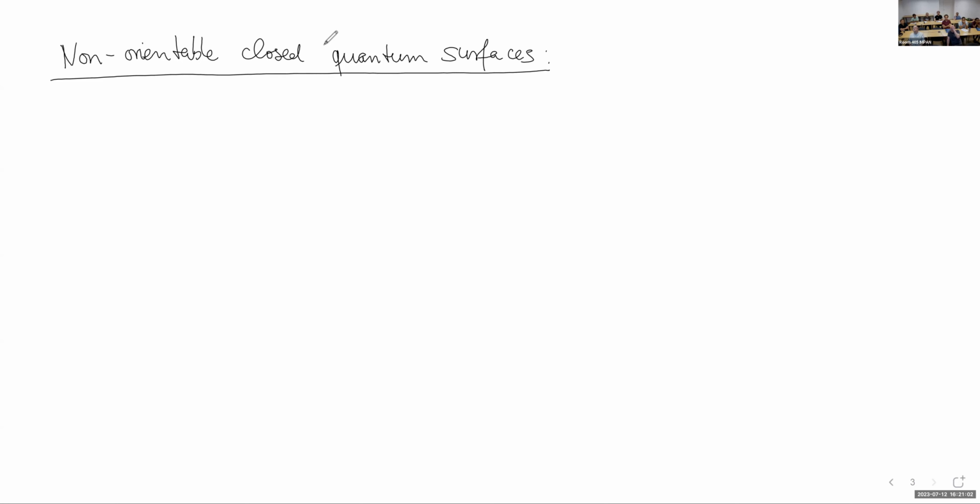So I'll recall the following. If you have connected sums of real two-dimensional projective spaces, and you include whatever number of two-dimensional tori.